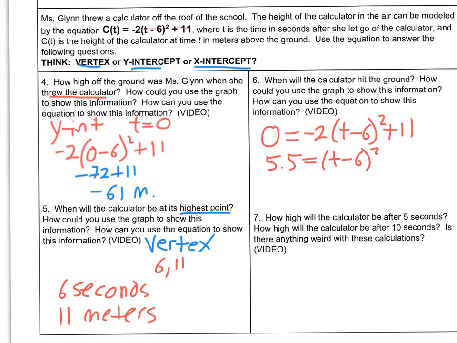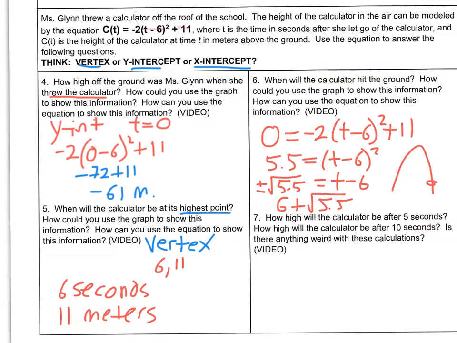Take the square root of both sides, and I get plus or minus the square root of 5.5 is equal to t minus 6. The -1 isn't necessarily going to make a lot of sense here. It would end up being a positive value, but that's just kind of where the graph's going up before it comes back down. So we're looking for moving 6 to the other side, 6 plus the square root of 5.5, whatever that value is.